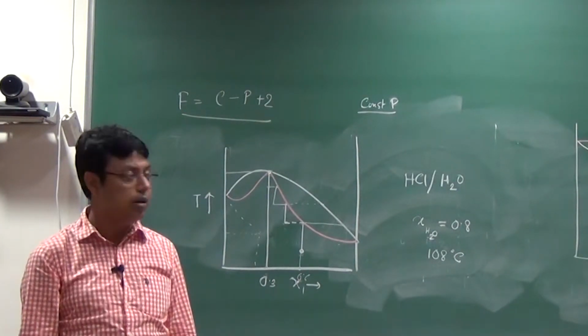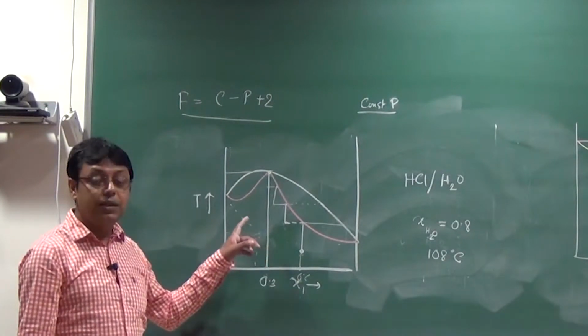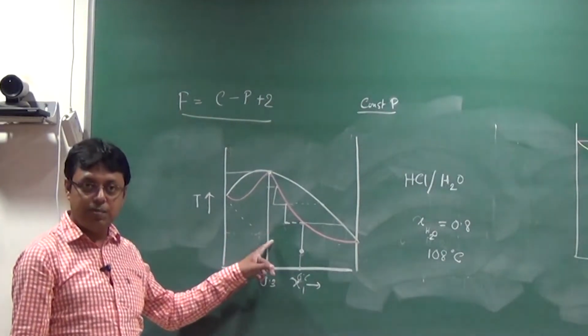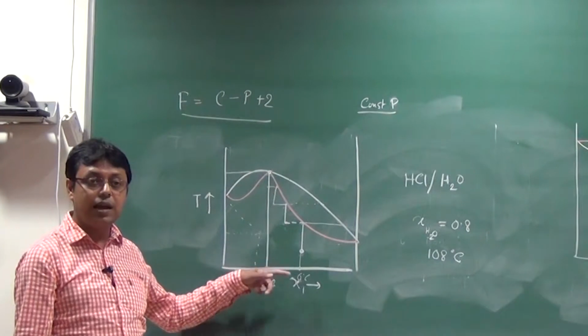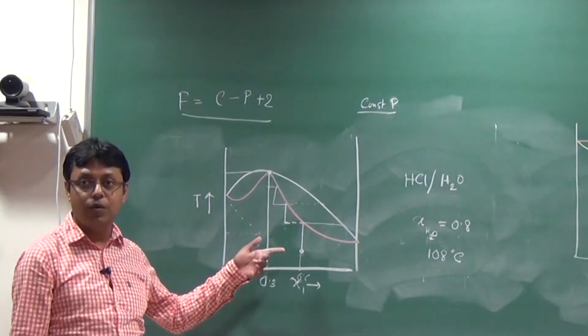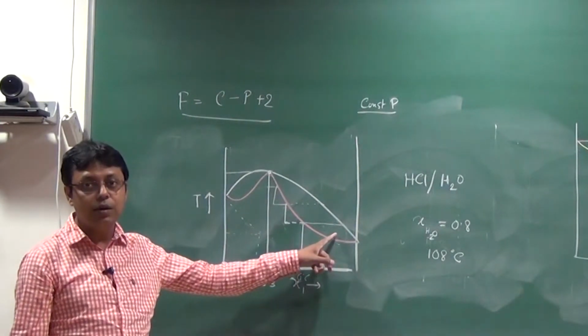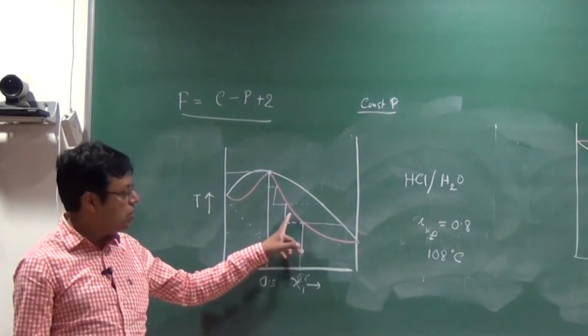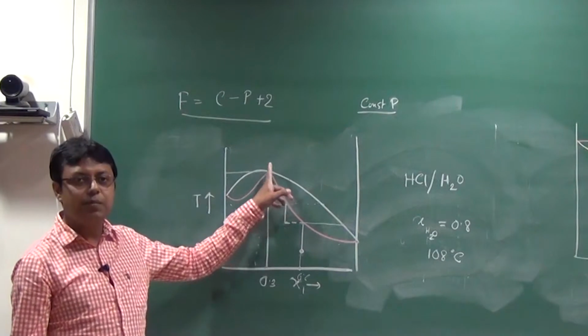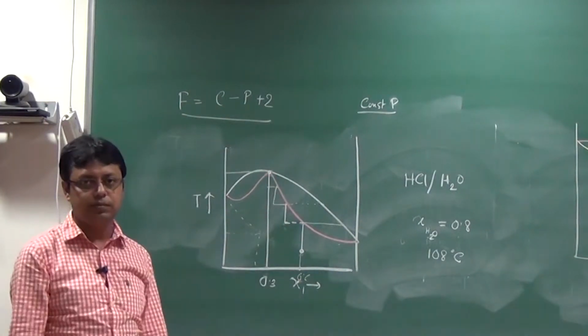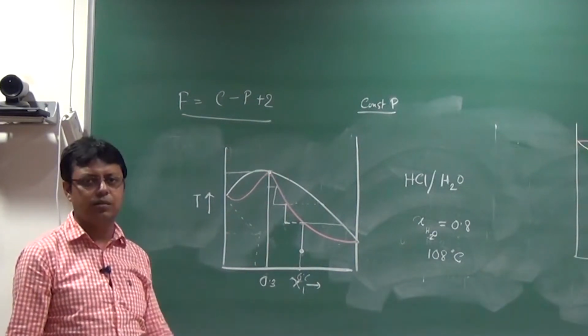Clear? Okay. But this is for the case where I said that the attraction is favorable. Why? Because I said look, this was the ideal curve, something like that, but for the liquid I have to increase the temperature more to boil. It could go the other way.